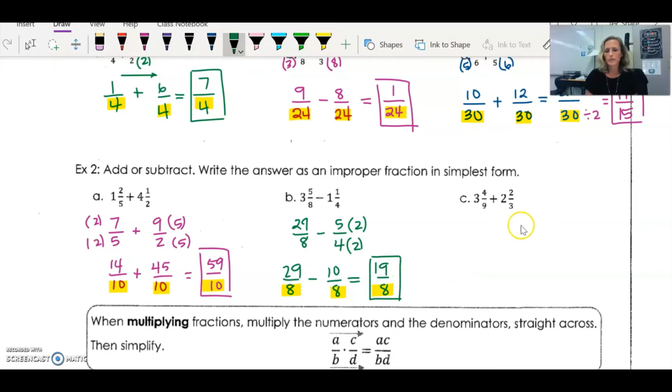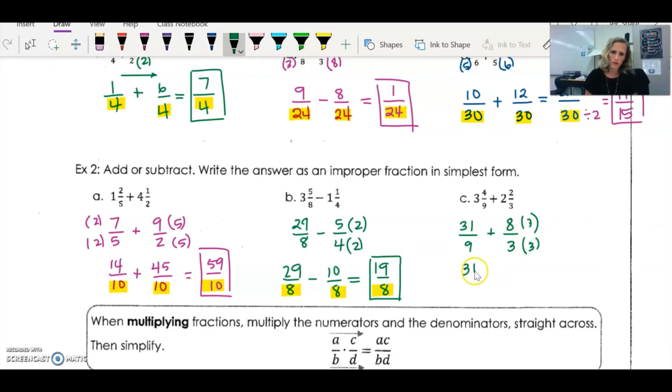All right, last one. 3 times 9 is 27. And then add 4, you get 31/9. 2 times 3 is 6. Add 2, that gives you 8/3. So we've got 31/9, 8/3, and we can multiply this second fraction by 3.